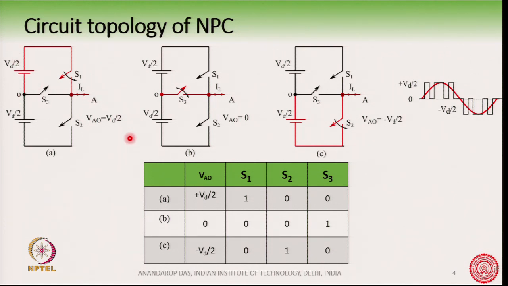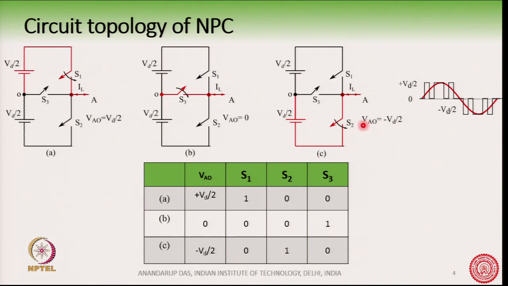Okay. So, this is shown here, VAO is Vd by 2 when I turn on S1 and S2 and S3 are off. On the other hand, if I look into this C figure, if I turn on S2, this lower switch, and I turn off S1 and S3, then the voltage VAO will be minus Vd by 2. Okay. So, this is what is shown here, VAO is minus Vd by 2.